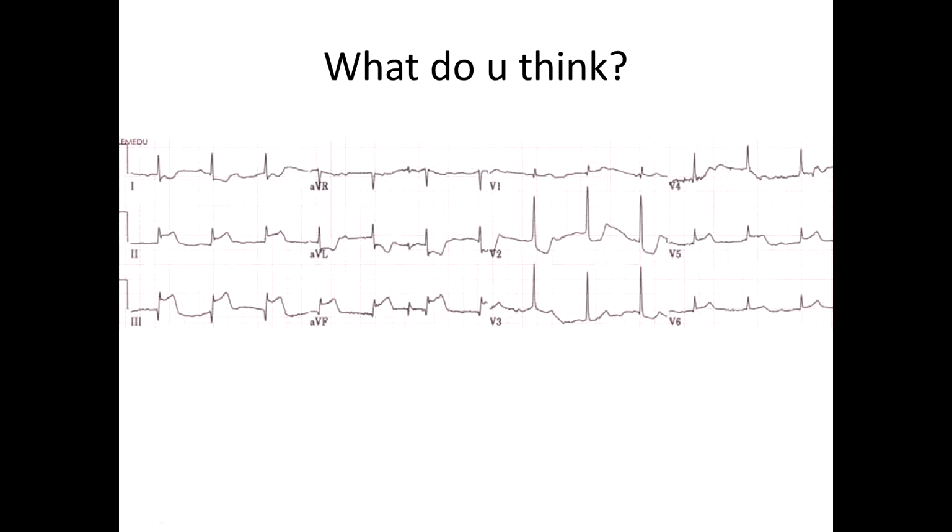And then V2 has a really tall R wave, and V3 has a really tall R wave. So if in V1, V2, and V3 we have tall R waves and severe or extreme ST segment depression, then we'll do a posterior ECG because that would indicate that we're seeing reciprocal ST segment depression to ST segment elevation posteriorly.